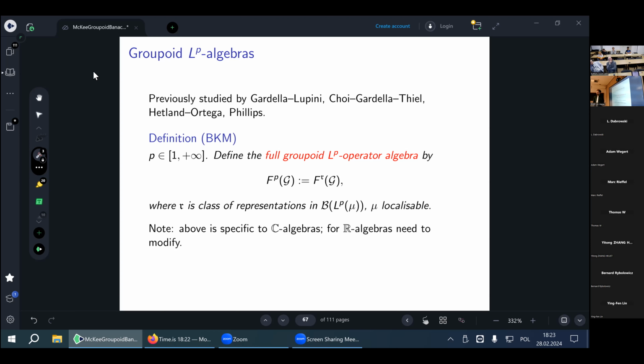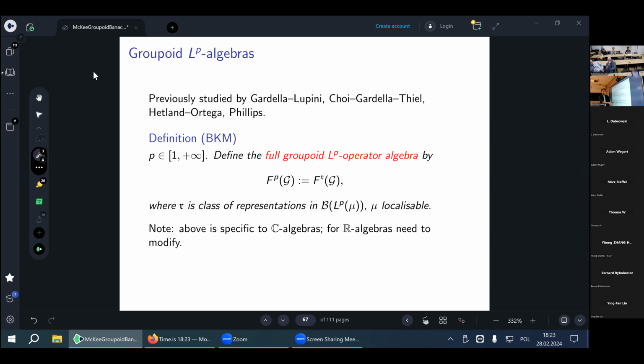In the real case, basically what happens is, if you think of this according to the previous section as C0 of X cross product by inverse semigroup S, our representations, when we restrict them to C0 of X, should act on LP by multiplication operators, by diagonal things.